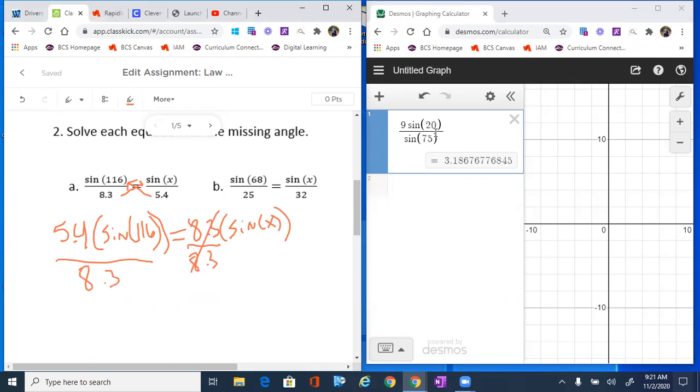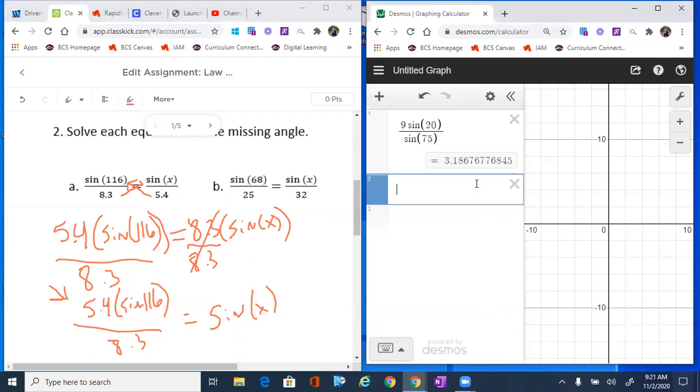Those 8.3s are going to cross out, and we are left with sine of x equals 5.4 sine of 116 all over 8.3. Now, what I traditionally do at this point is I come over and I type that piece in. And we are going to say 5.4 times sine of 116. And then I'm going to divide that entire piece by 8.3.